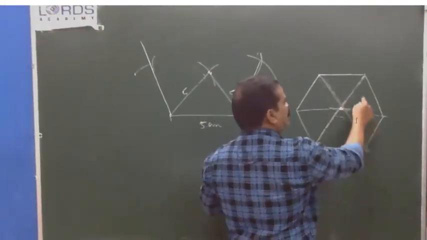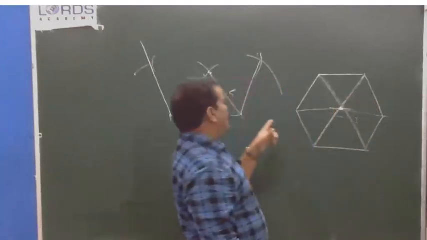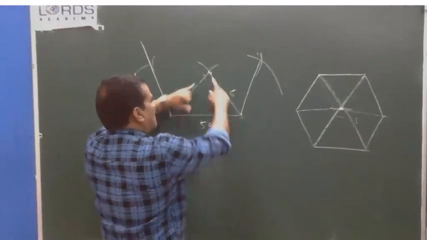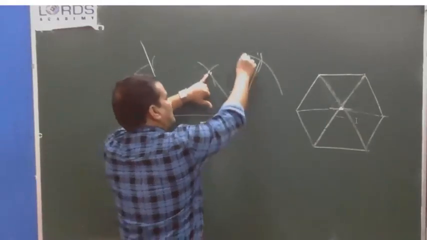You will get 6 equilateral triangles. Then you can make here also 5 centimeter, here also 5 centimeter, and then draw it.